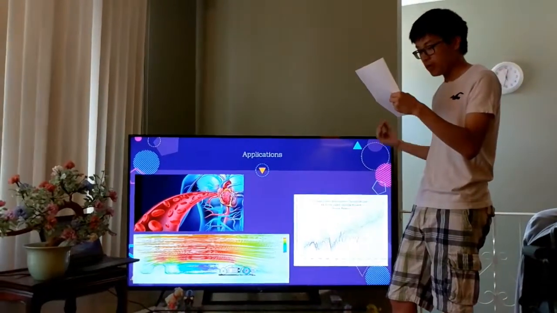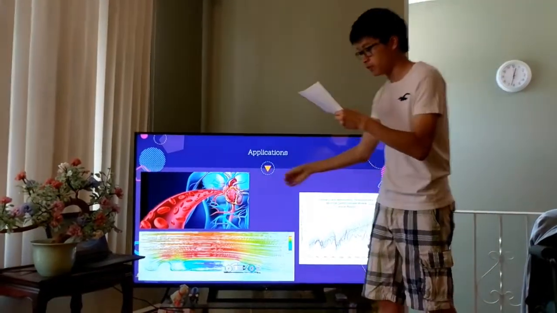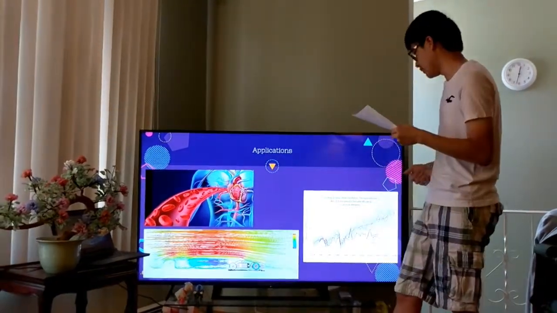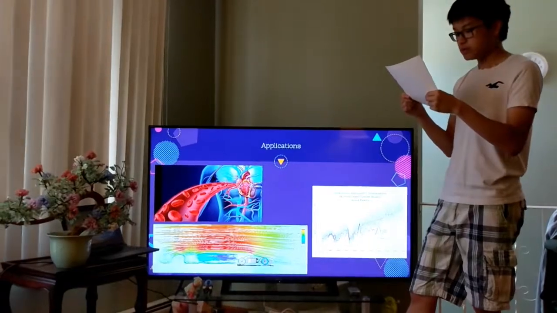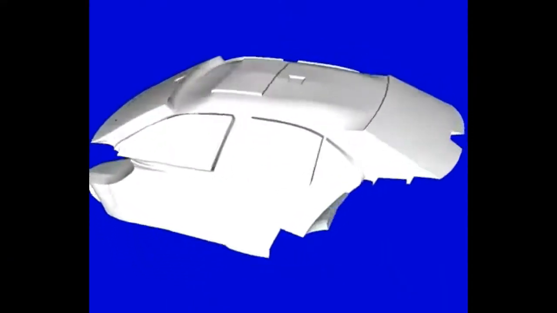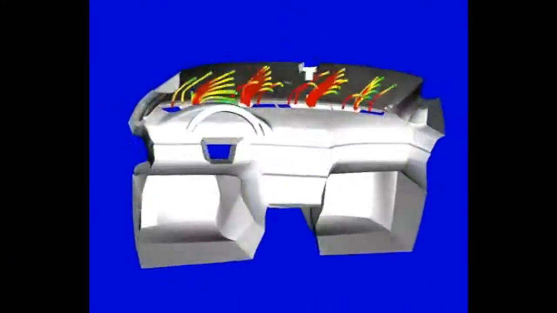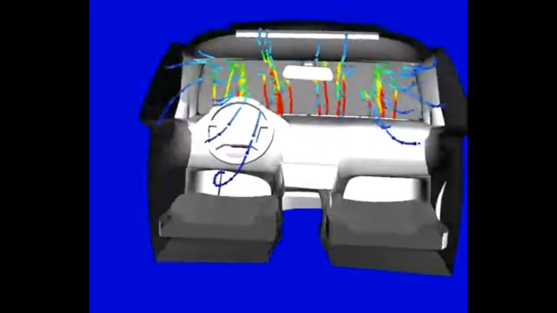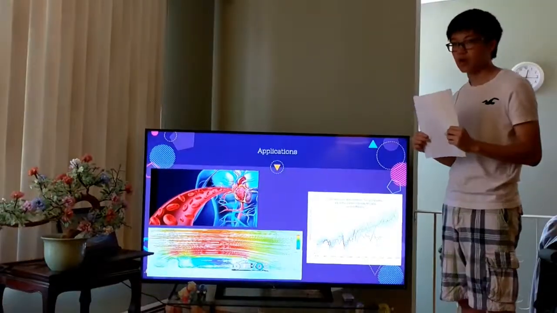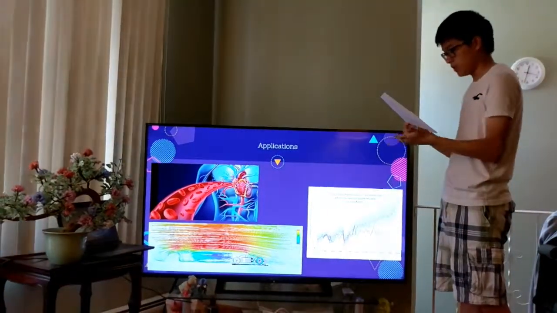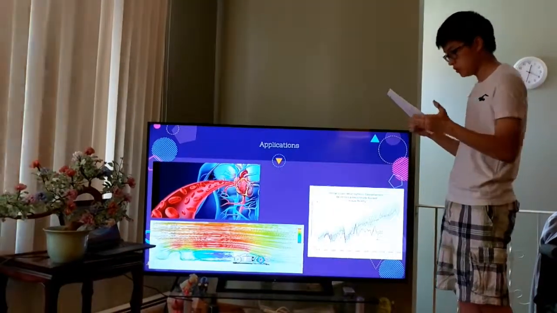Furthermore, it's also modeled blood flow in humans, as well as carbon dioxide and methane for climate control. The use of the Navier-Stokes equation for modeling cars is that engineers can not only create more efficient cars, but also reduce their air drag. And this makes cars look both more sleek and cool, and at the same time more efficient.